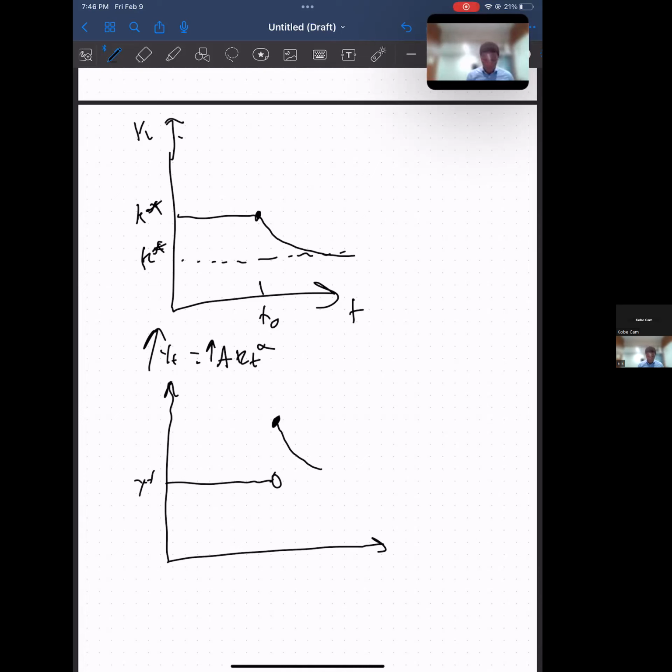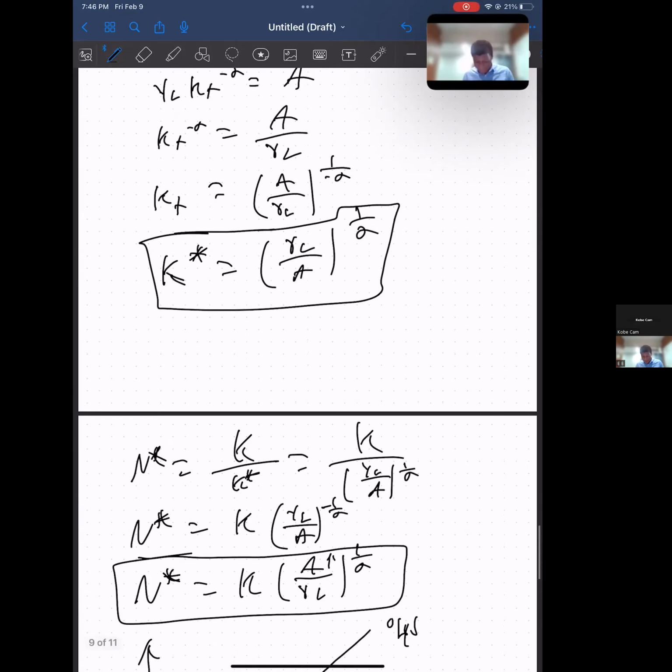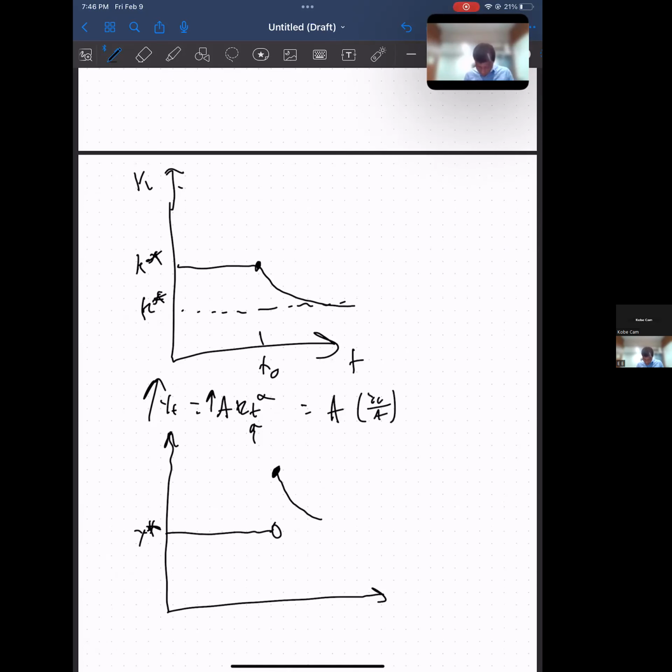This is Y star, right? But where's the steady state? Is the steady state above this initial point or is it below this initial point, right? Interesting question. Let's try to figure it out. So from here, we can just plug in our steady state for Kt inside this equation. So A, then we have, let's see, K star was, yep, YL over A, to the 1 over alpha, right?